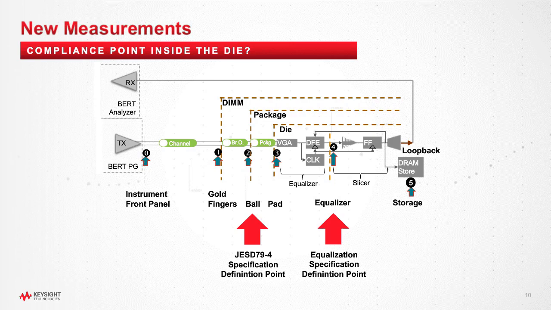So one of the big issues that PCI-Express had to grapple with when going to Gen 3 was the idea that the so-called compliance point was no longer physically accessible for measurement.